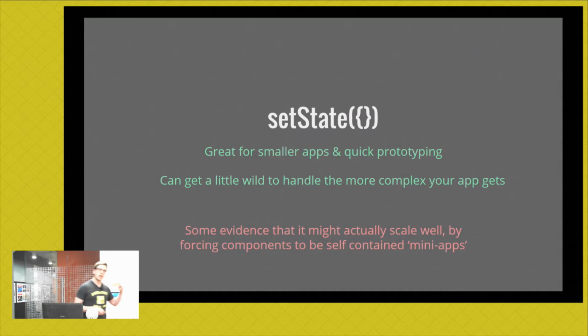However, I will say there is some evidence that this might actually scale well if you use this headache of sending state up and down through parents as a constraint, to force yourself to not do it. You are thus just creating tiny mini apps for any given component that you make, right?